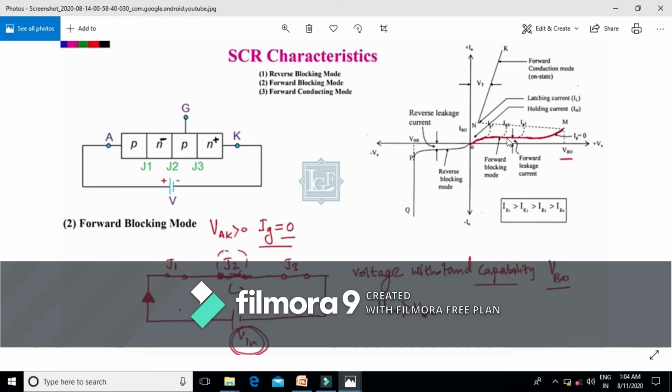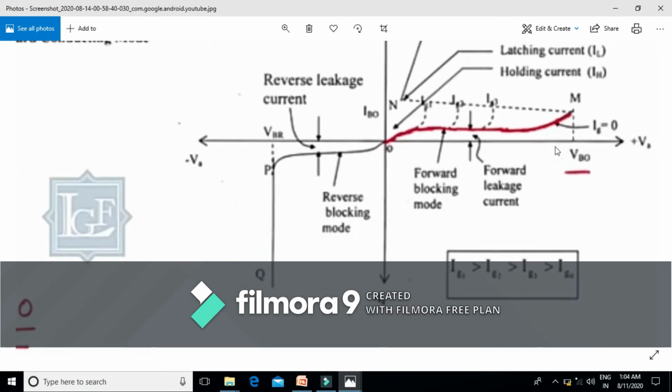This red one is represented by the small forward leakage current, and this represents, at this M point, what we call VBO, that is breakover voltage.